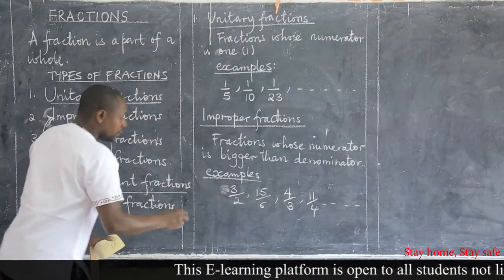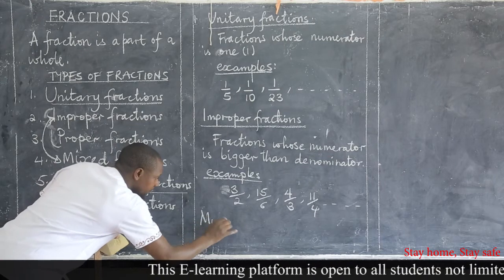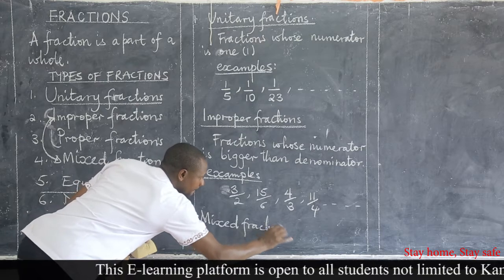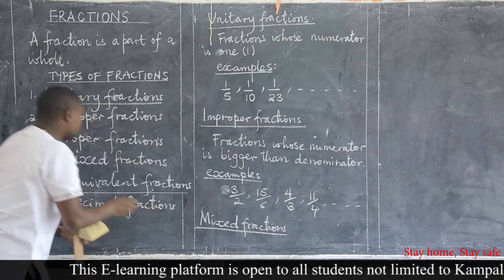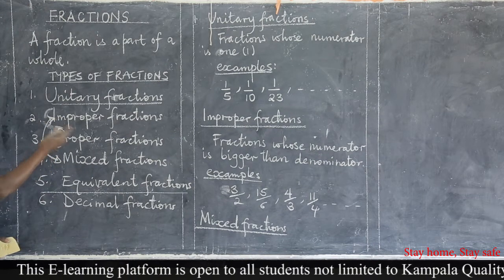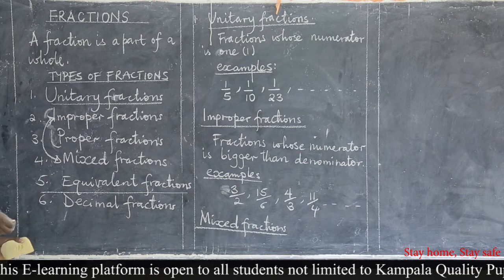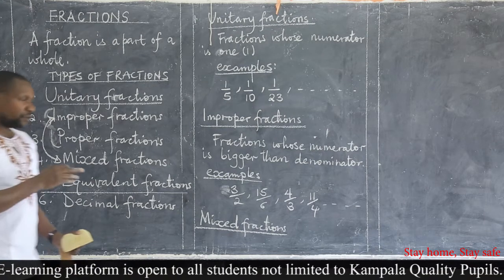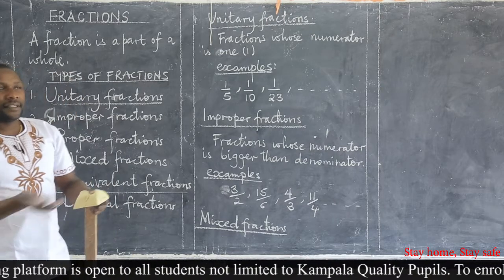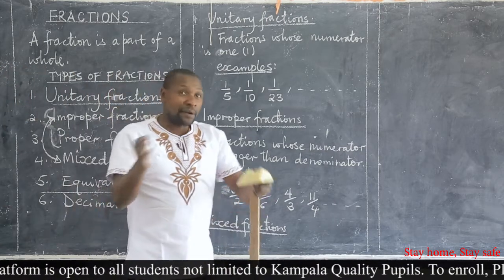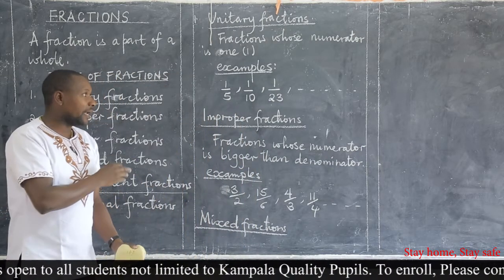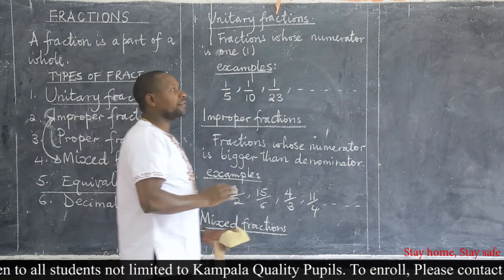Now, allow me to go to what we call mixed. As I told you, I want to relate improper and mixed. Then later we shall come back to proper and other fractions. What do you think could be mixed? As you hear the word mix, you are mixing tea and sugar. We are going to see a combination of more than one thing in one, whereby we say mixed fractions.